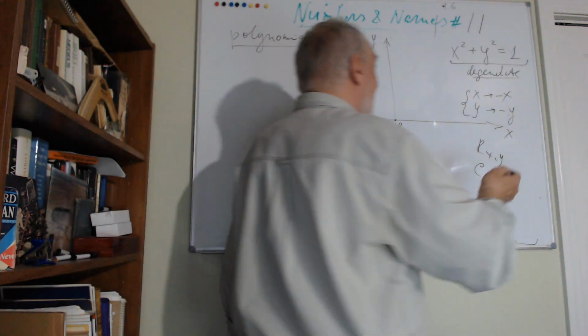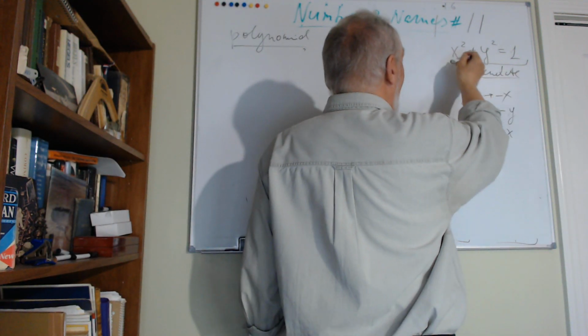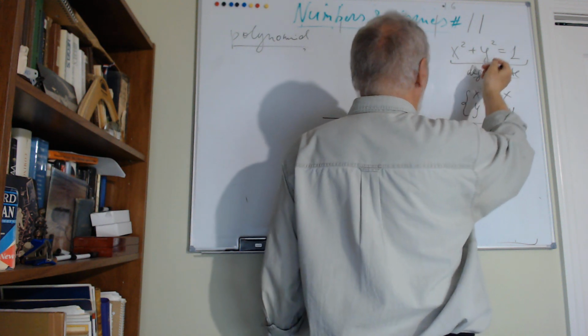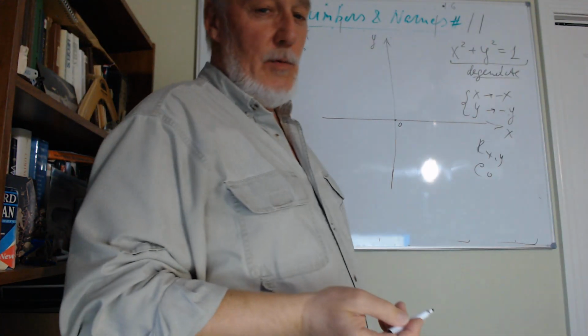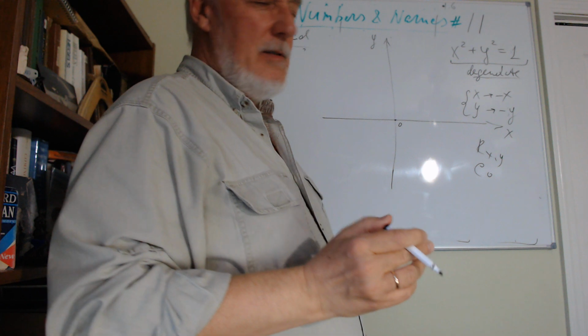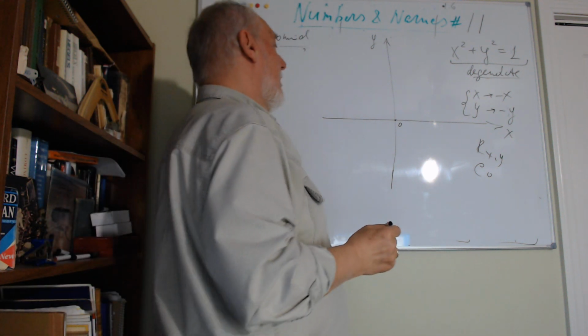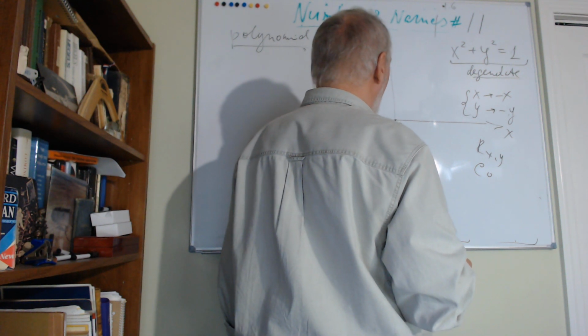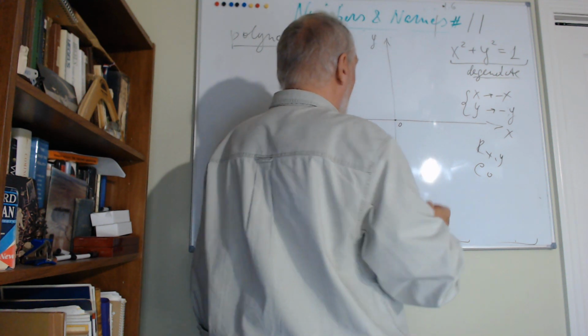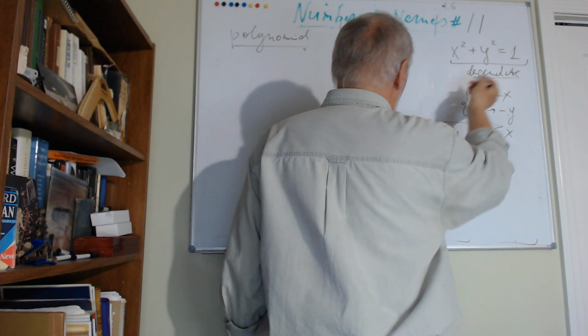Pythagoras theorem, yes. So it means that x is one side of a triangle, y is another side, and 1 is the square of the hypotenuse. Two legs and a hypotenuse. So the hypotenuse is always 1, but the legs can change.